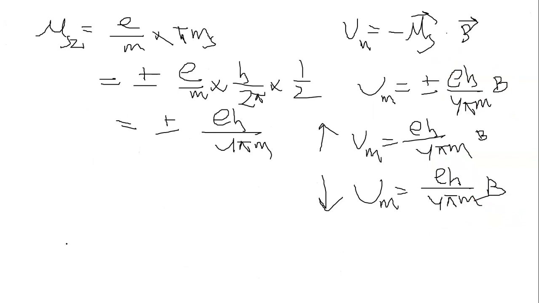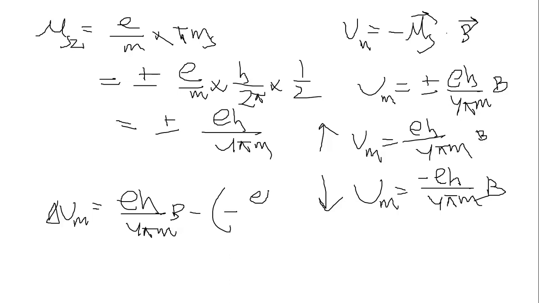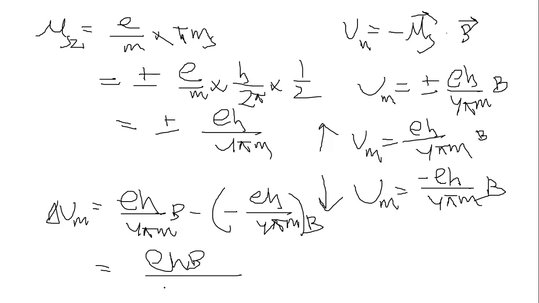So what will be the energy difference? The total energy difference between the two electrons will be Eh by 4 pi m into B minus minus Eh by 4 pi m into B, so the total energy difference will be EhB by 2 pi m.